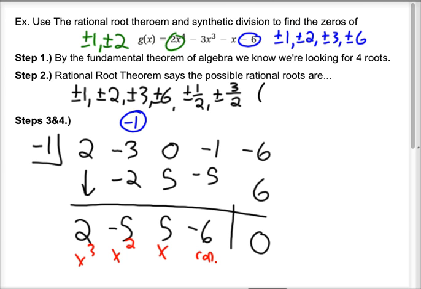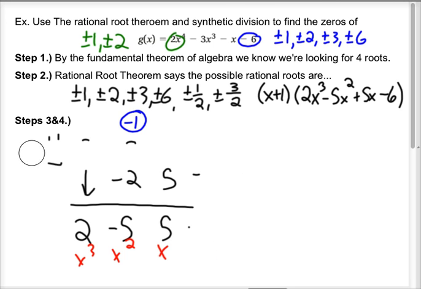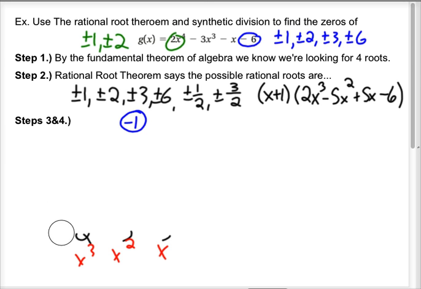Then I'm going to show what I'm constructing. So I have x plus 1 as a linear factor. Now I have 2x cubed minus 5x squared plus 5x minus 6. That's what I have left. So now I'm going to use synthetic division on that new polynomial using the other root, the root of 2 that I saw in my graph.